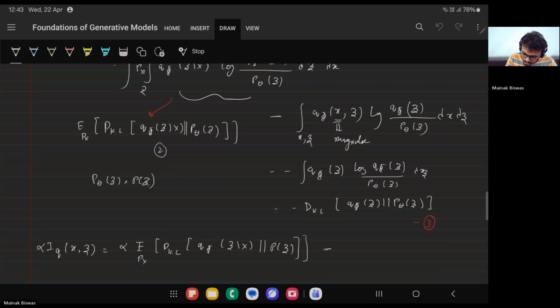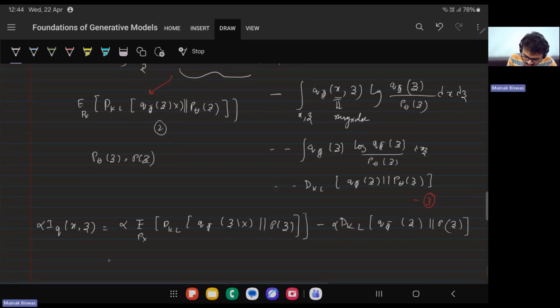Minus alpha times the KL term between q phi of z and p of z. Okay. So I have written it as alpha times term 2 minus alpha times term 3.